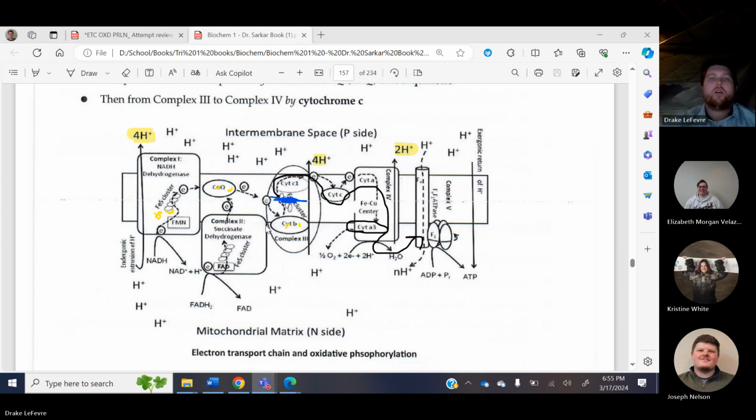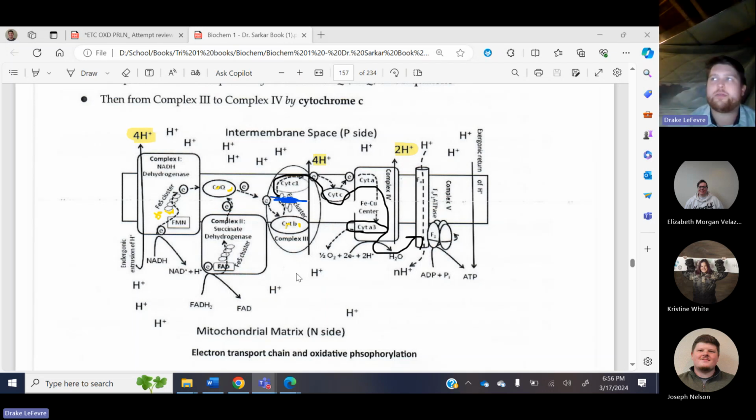The big things that we want, also coenzyme Q. With the electron transport chain, literally the name is telling us exactly what's happening. It transports the electrons through a chain of different proteins. That's its main job and its main goal: to move the electrons down the membrane.